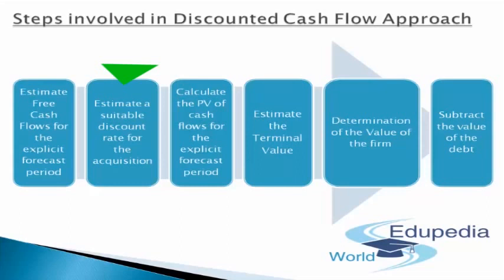And guys, if the acquirer who is valuing the firm intends to change the capital structure of the target company, then suitable adjustments will have to be made to the discount rate as well. For example, take a case of ABC company.